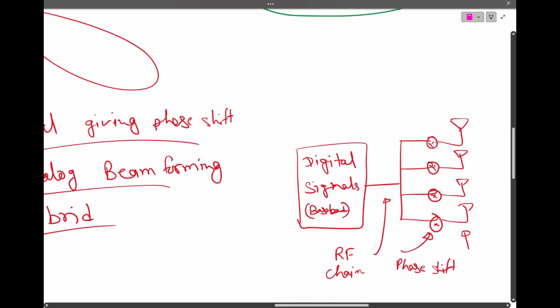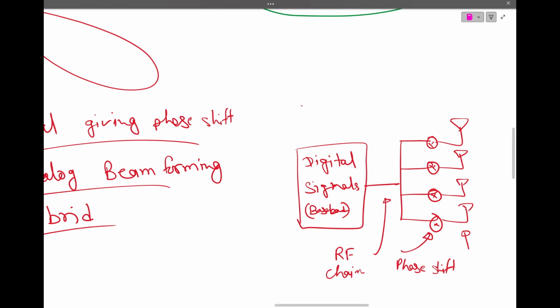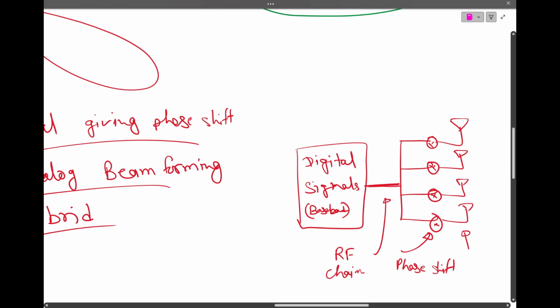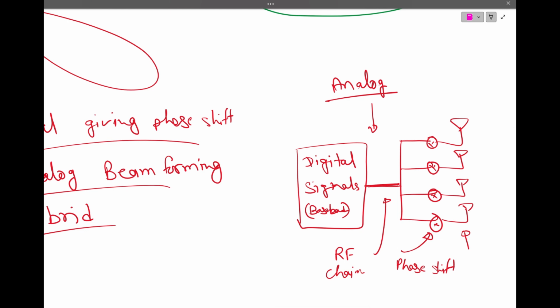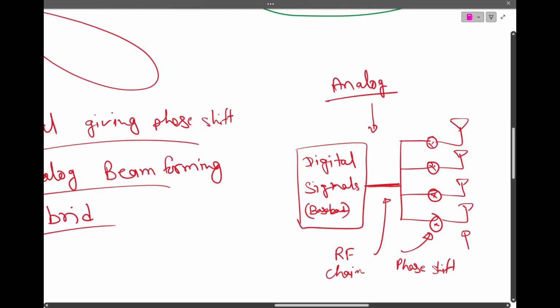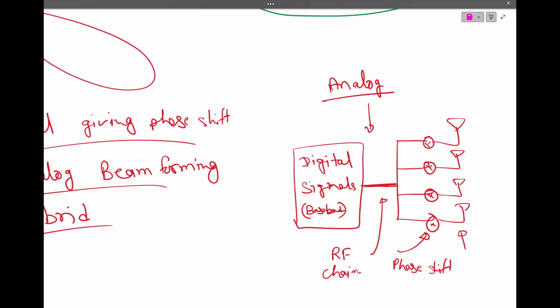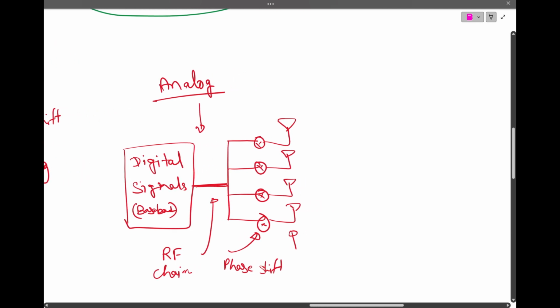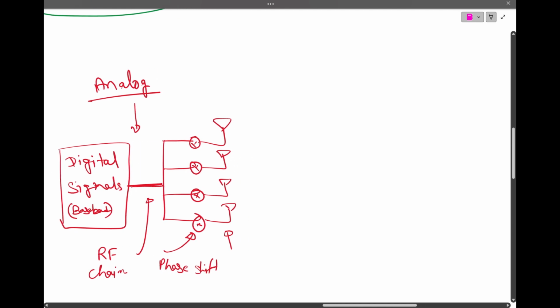In this case, since there are fewer RF chains, analog beamforming is a low cost solution, but it's limited. We cannot have multiple streams, like more data streams each going to different antennas. That kind of control we don't have. We can't steer the beam however we want. That particular case is gone.